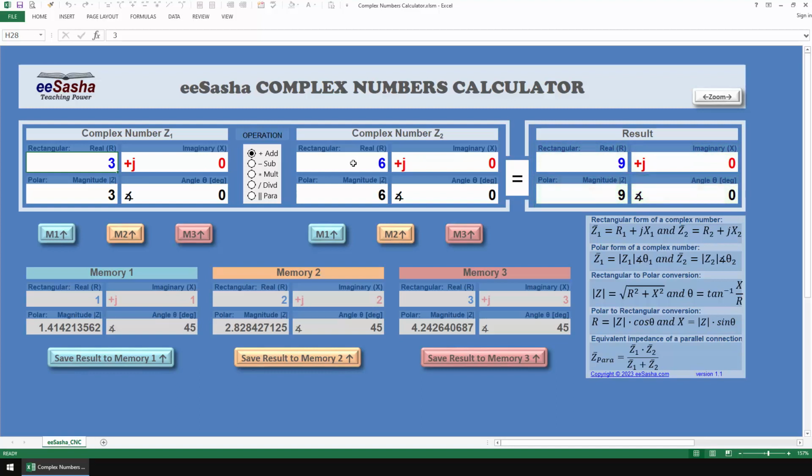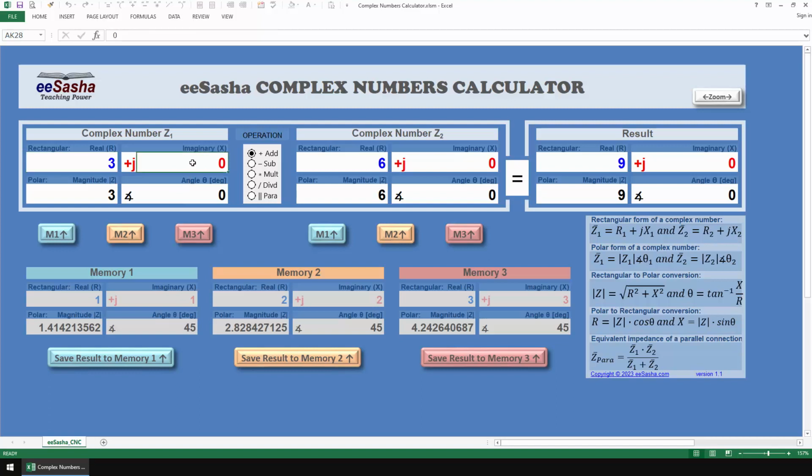For any of these fields that represent complex numbers, the rectangular form and the polar form are related to each other. Thus, if you make changes on one side, the numbers on the other side will change as well. For example, complex number 1 in this case has real component 3 and 0 imaginary component, which corresponds to magnitude 3 and angle 0.